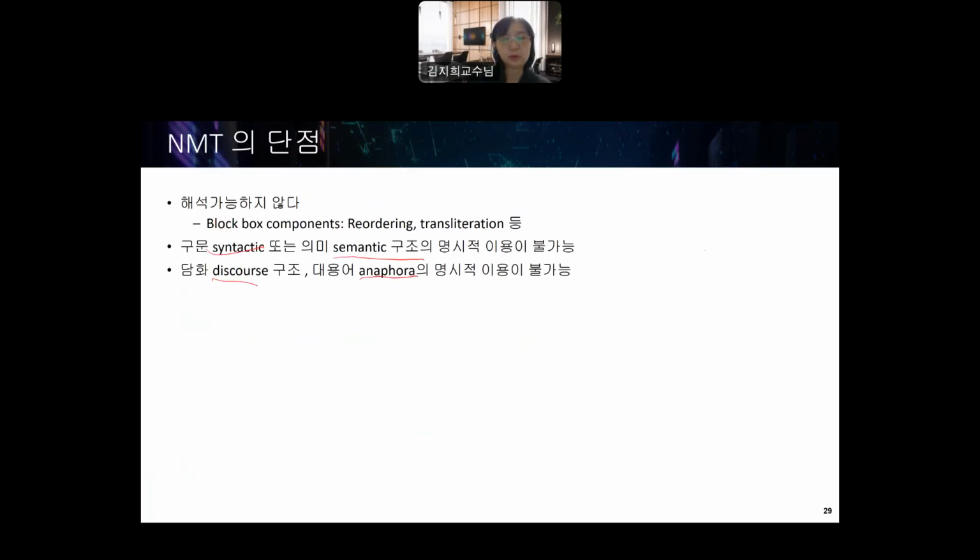So we don't know where to put this. If you want to translate a particular phrase in English to a particular phrase in French, we could have used a mapping table, but since we are not using a mapping table, and it's all about the weight parameters, we cannot control it.